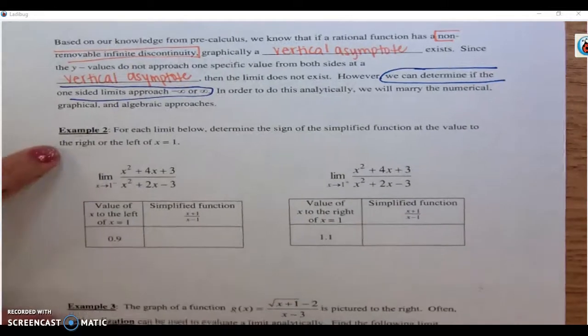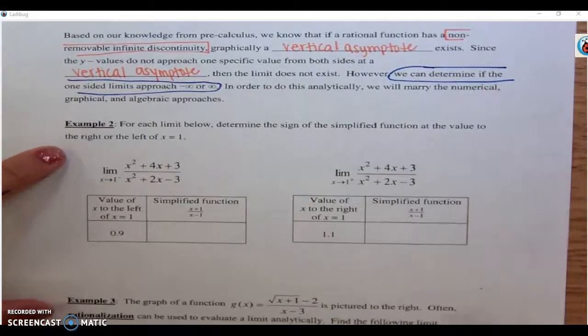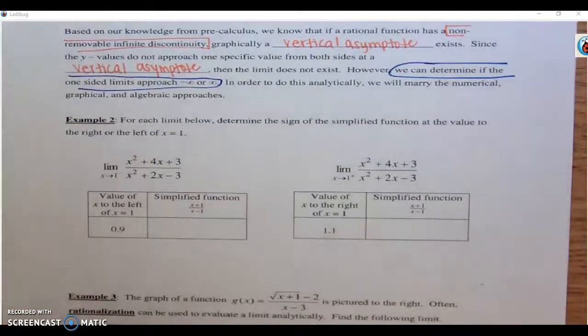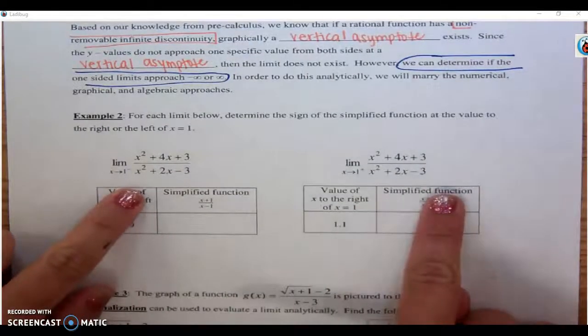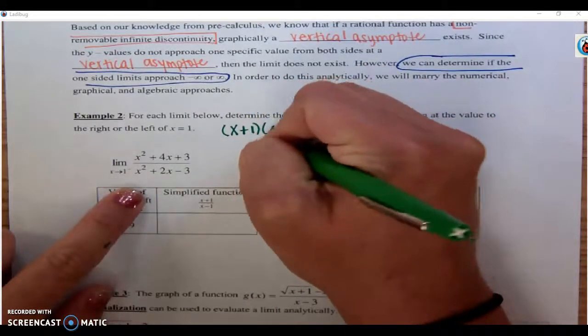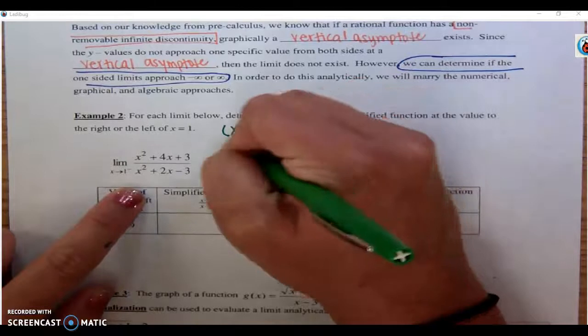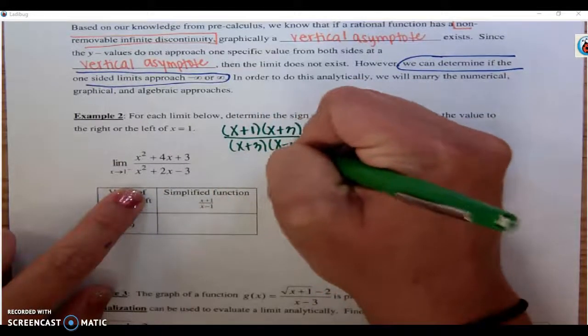So, for example 2, it says, for each limit below, determine the sign of the simplified function to the right or the left. So, this is the same problem that we've been looking at this whole time. When we factored this previously, we factored this as (x plus 1)(x plus 3) over (x plus 3)(x minus 1).